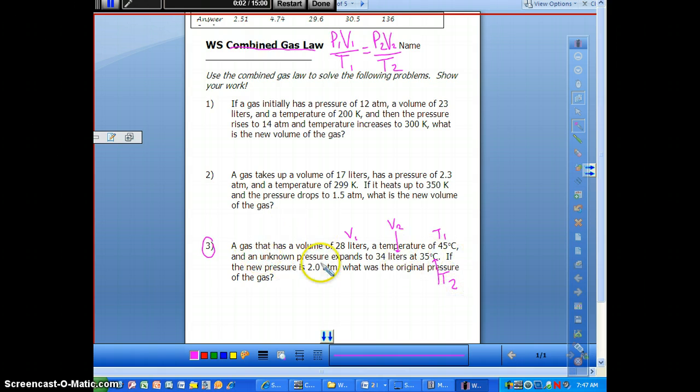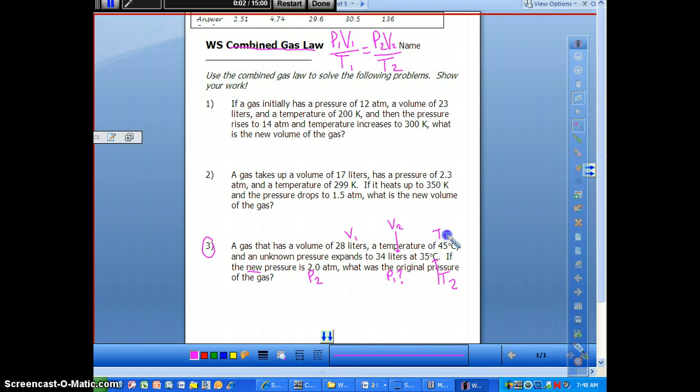It tells us that the new pressure, new, gives us a clue that we're looking at P2 here. And then what was the original pressure, that tells us that we are solving for P1. Original would go with the first set of variables. And at this point, you have everything you need to plug in.